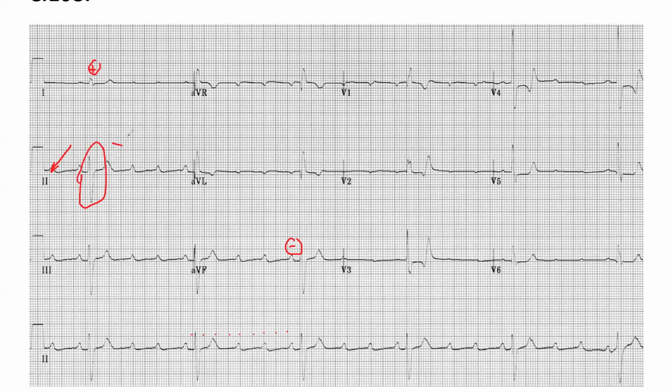Lead 2 is negative, so that will be an extreme left deviation, between minus 30 and minus 90. Look at AVR. AVR is positive, meaning that you have between minus 60 and minus 90. So that's an extreme left deviation.